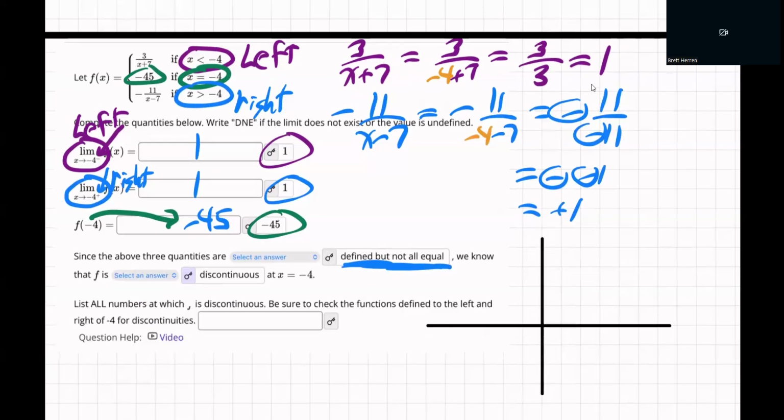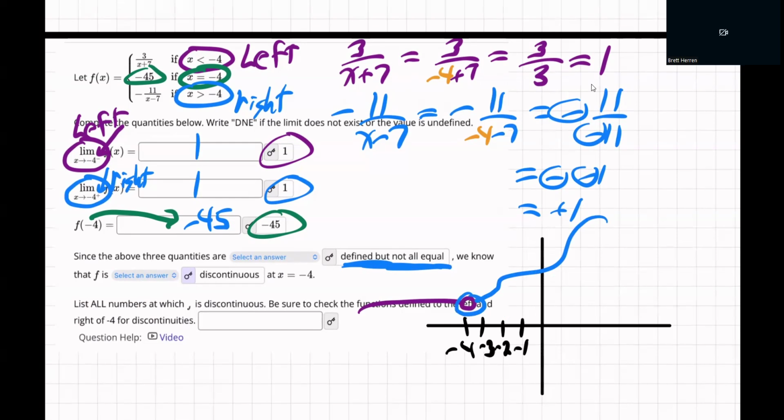I want to look at a graph at -4, 1, 2, 3, 4, over here at -4. The one from the left comes in at a height of 1, puts open dot. The one from the right comes in, height of 1.